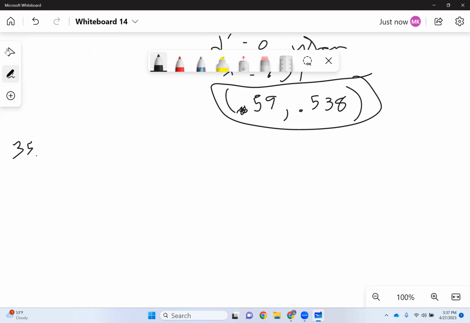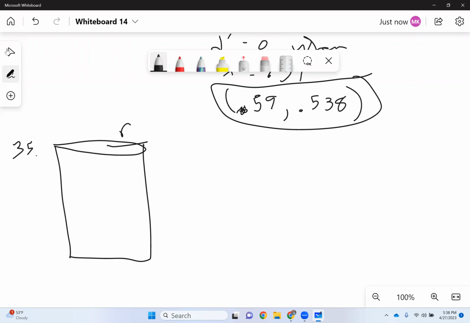Oh, the soda can. So find the radius and the height of a cylindrical soda can with a volume of 354. So here's our soda can. There's the radius. There's the height. So the volume equals, I love this one, 354.